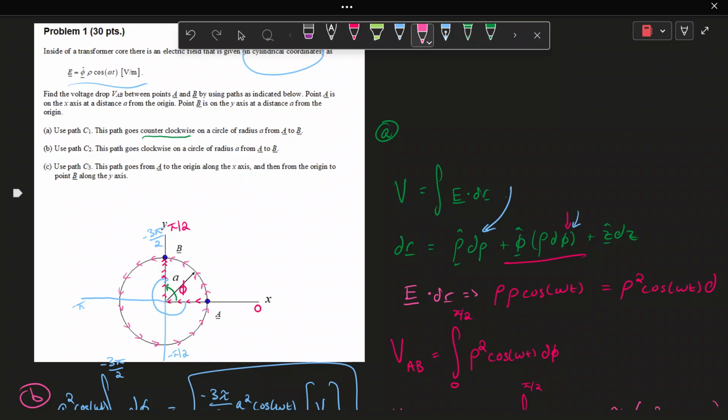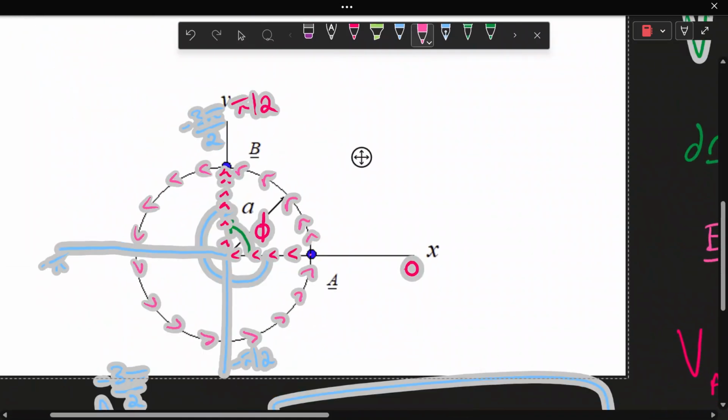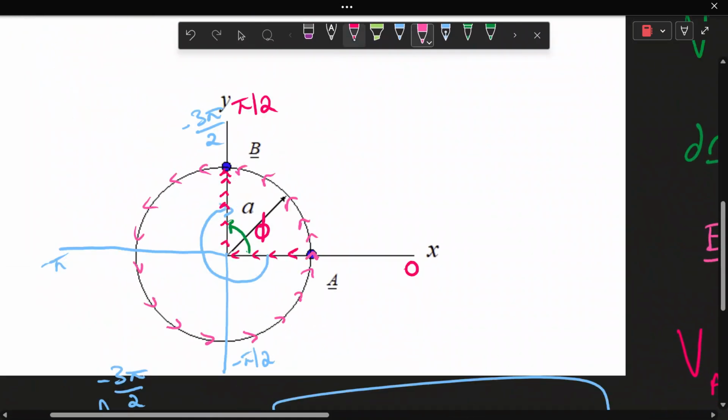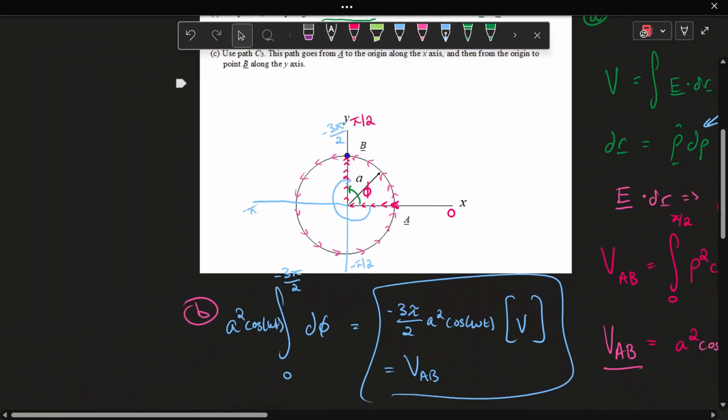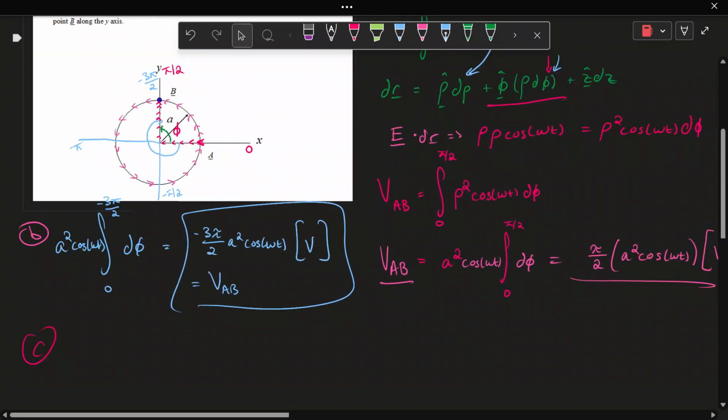Now, what do you notice about the path of integration, or the path that we chose? Well, the path going from A to 0, at this specific point at A, we notice the paths are perpendicular. E is perpendicular to the path that we chose. What does that mean for our dot product?